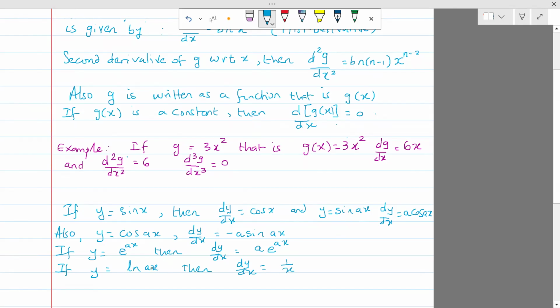How I get this 1 over x: I'm going to take this quantity here, ax, and differentiate it with respect to x. It becomes a over ax. So the a cancels, then you have 1 over x.